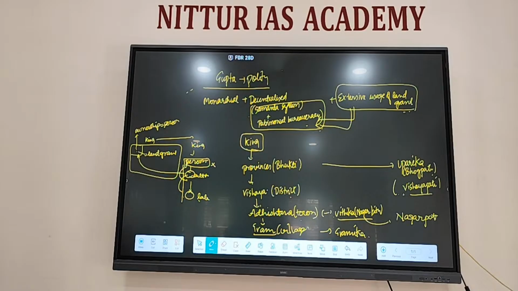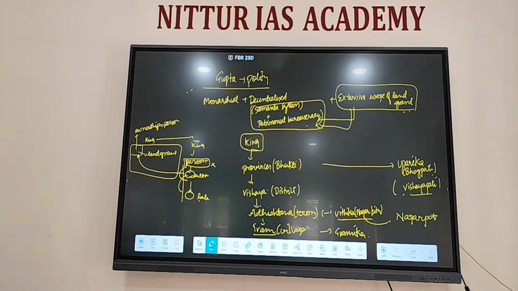Now compare it with Mauryan. In Mauryans, what used to be called as provinces? Chakras. And who used to head Chakras? Rashtrapal. Then Vishyas, district, used to be called as Ahar or Vishya.